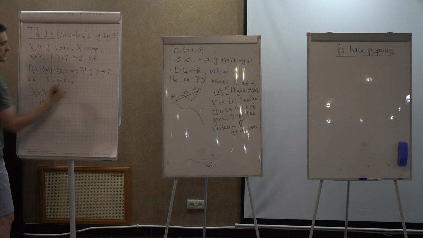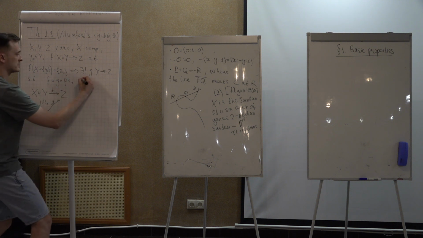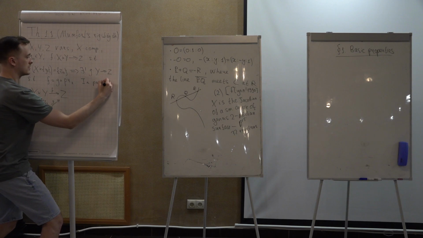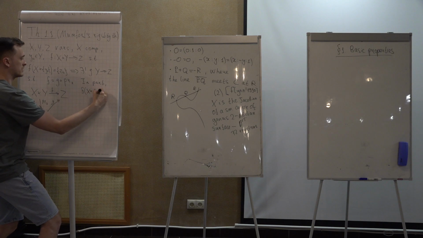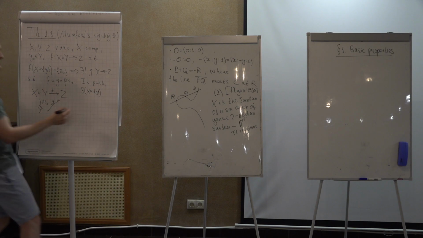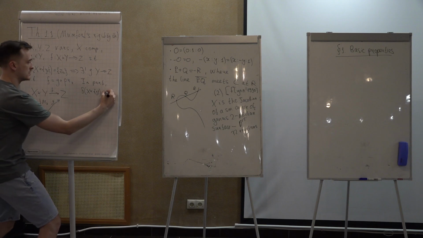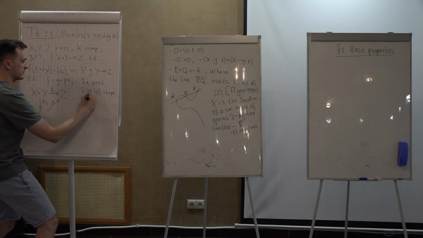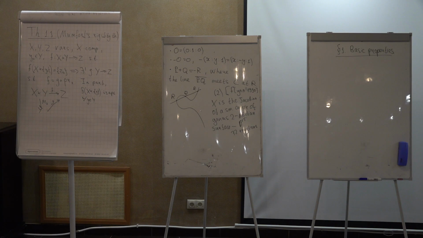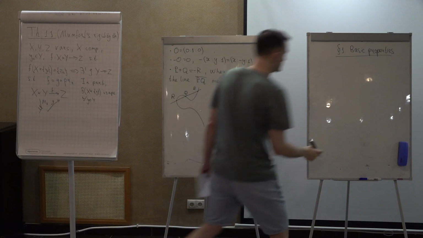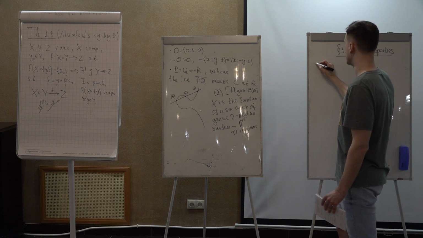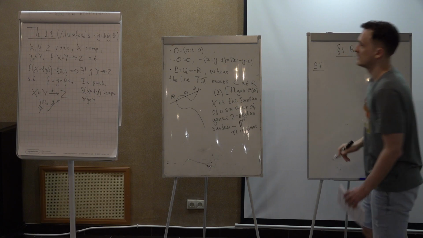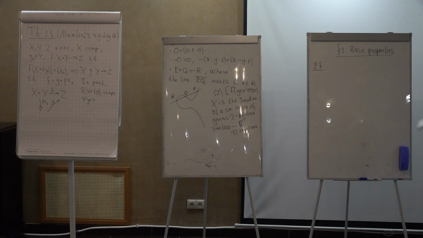So in particular, let me write this, in particular, f of X times y is a point, right? That's Mumford's rigidity theorem. And that's the only general fact that we will prove. So let's do this where we can.